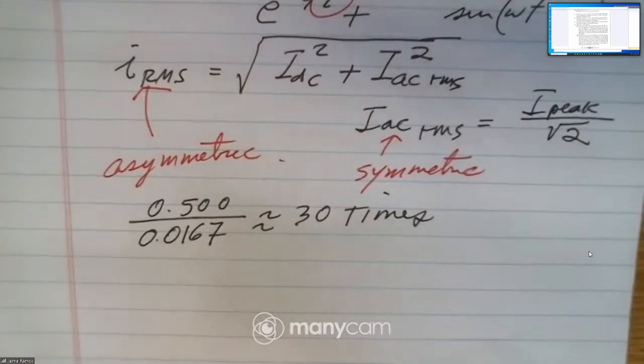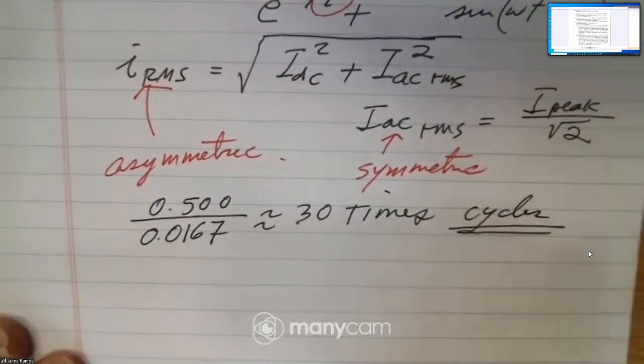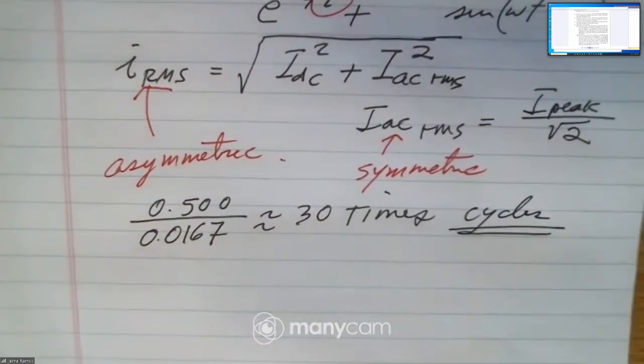So 30 cycles. So in the long time, the circuit breaker is supposed to withstand the thermal stress during 30 cycles. At high current, everything gets hot. So the circuit breaker should be able to withstand that.